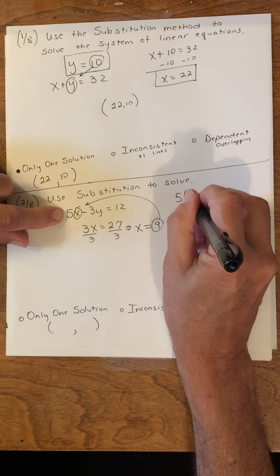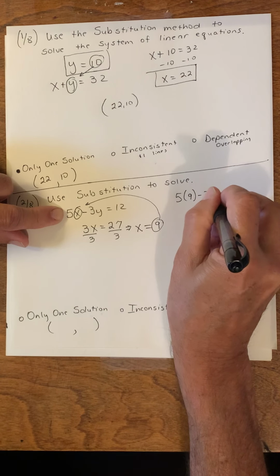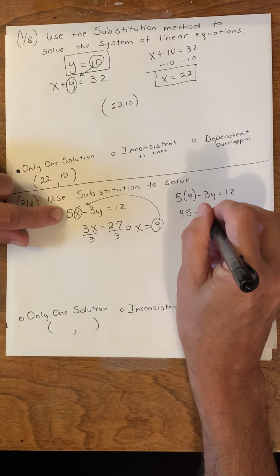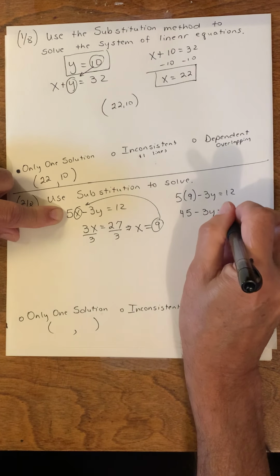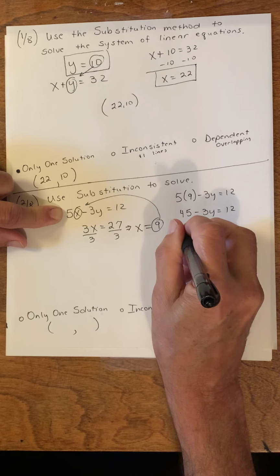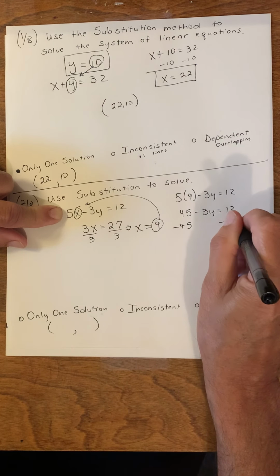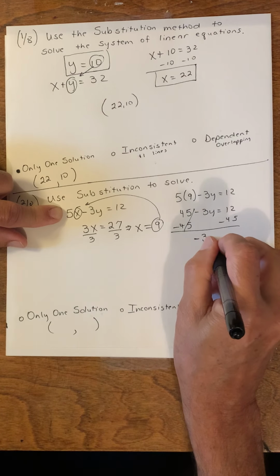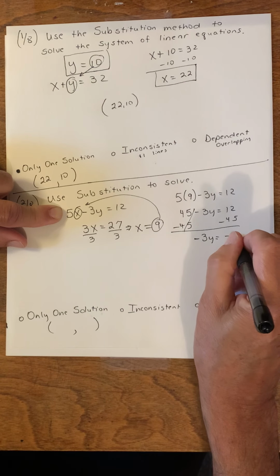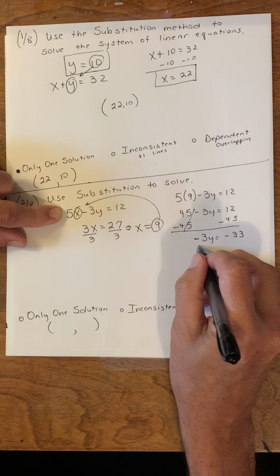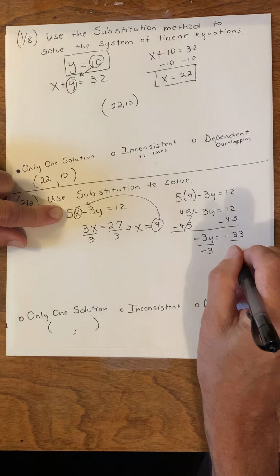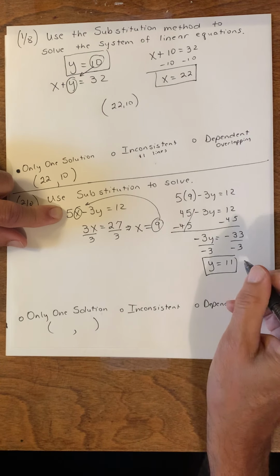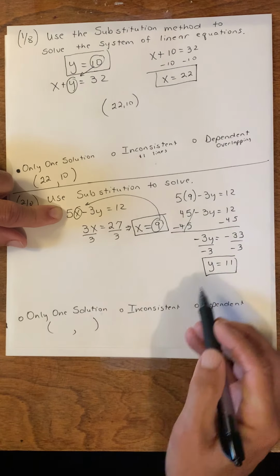Instead of 5 times x, 5 times 9, that's 45. Subtract 45, and I get negative 3y is negative 33. Easy to find y, divide by negative 3. y is 11. So x is 9, y is 11.